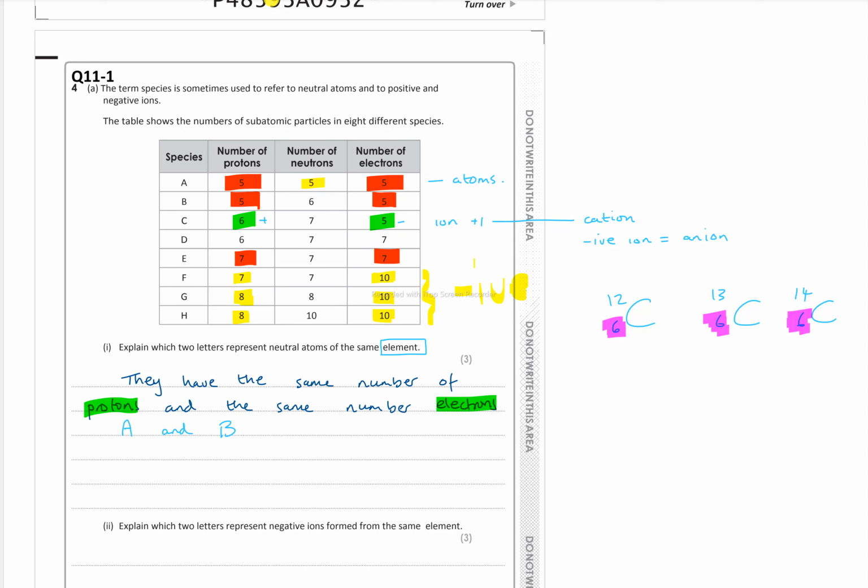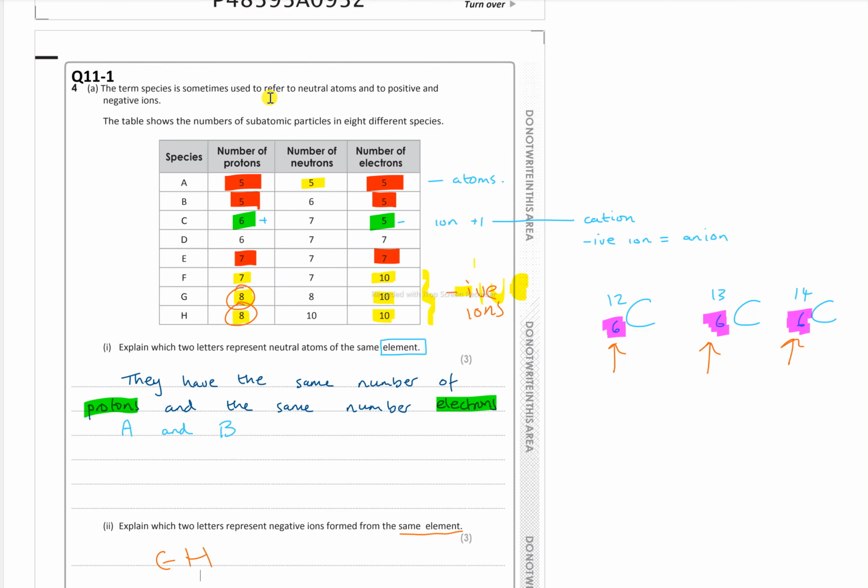They are all negative ions, but which are from the same element. And we said you look at the number of protons, and the number of protons are same there and there, so it will be G and H.